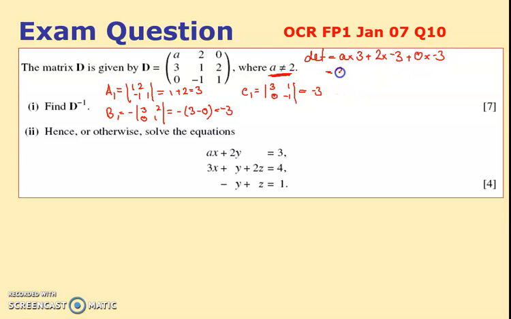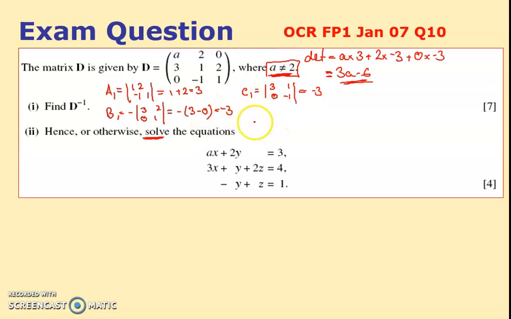So let's see, that gives me 3a minus 6. Oh yeah, notice if a is equal to 2 then that would equal 0. So I was right to assume that if a is 2, that would give me a 0 determinant. So in this particular case, they're saying really, find me a solution. So hence, or rather, solve these equations.